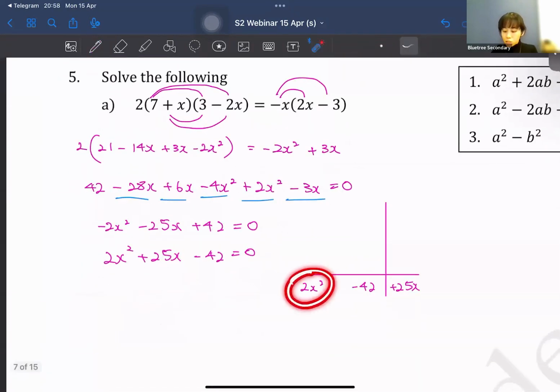So I know that my factors of 2x squared is just going to be 2x times x, but your 42 has way more factors. So please list down the factors of 42 if you cannot do it mentally.